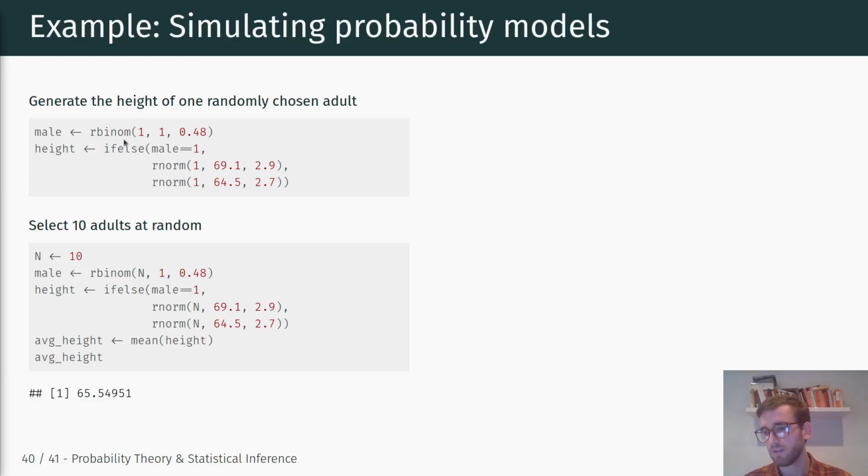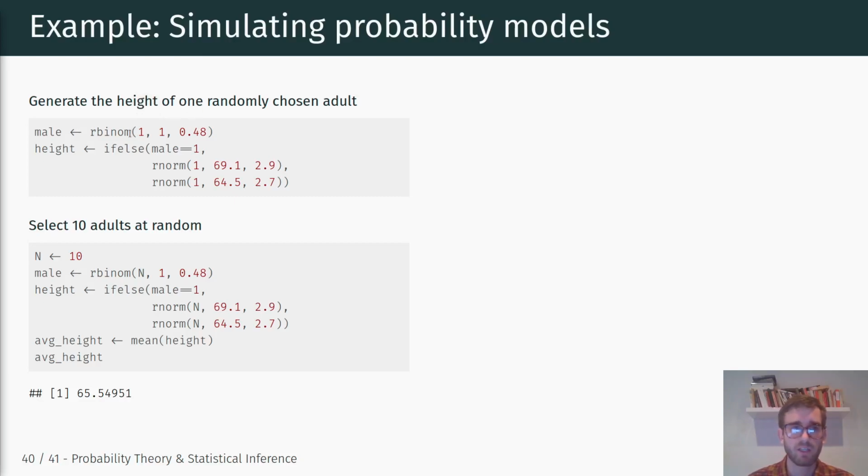Okay, so how do we simulate the height of a given population? The first thing we can do is generate the height of one randomly chosen adult.